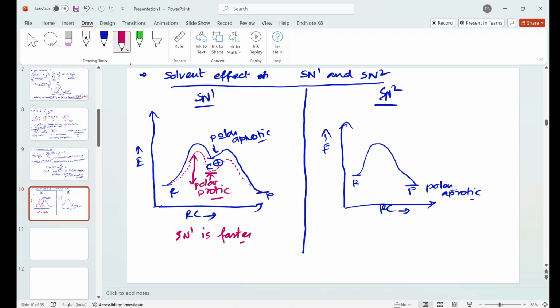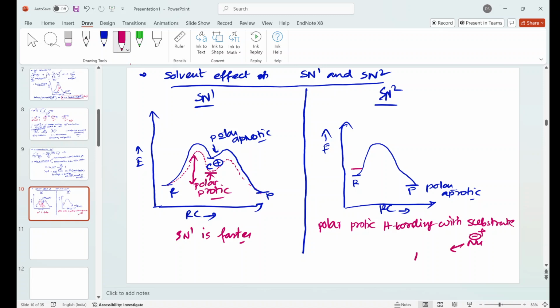Now, if polar protic is there, then what will be? See, first polar protic with its bonding with the substrate plus nucleophile.